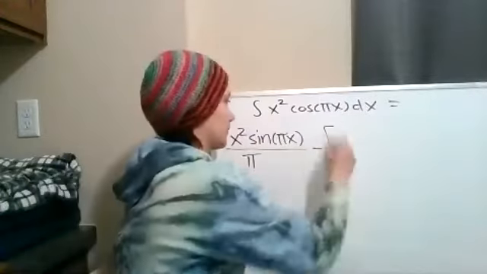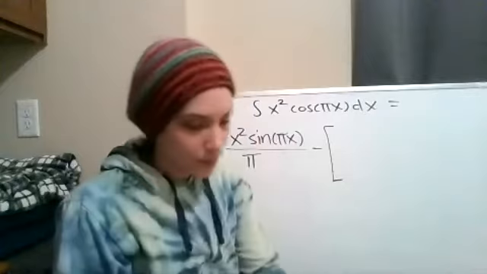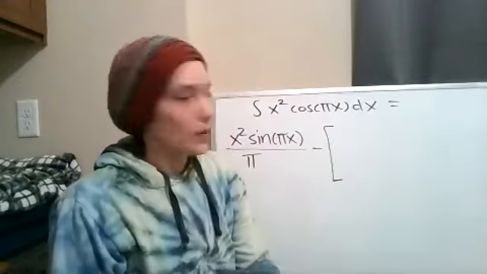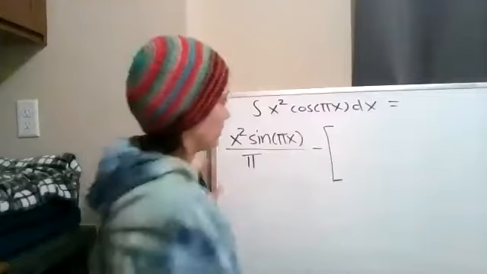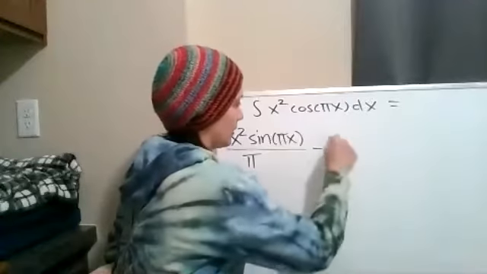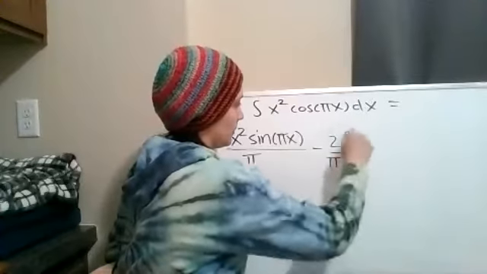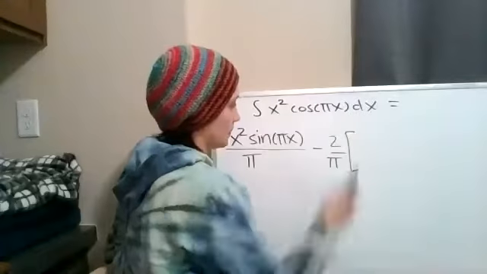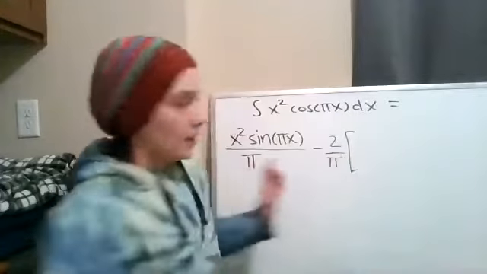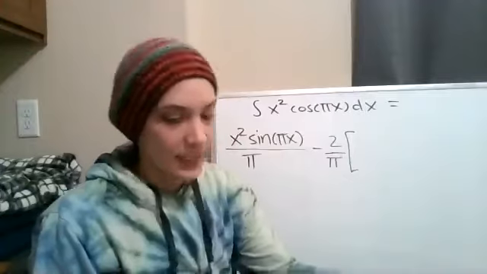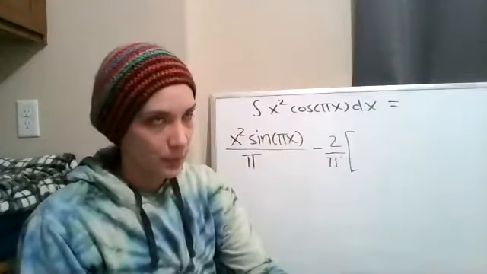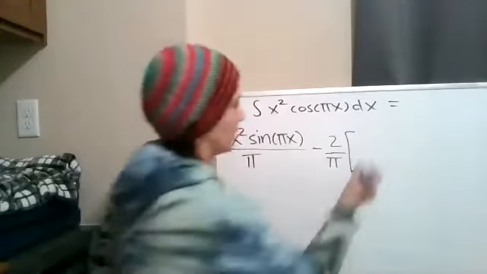Subtract, well, we have the 2 over pi that we brought out, times x times the negative cosine of pi x over pi.